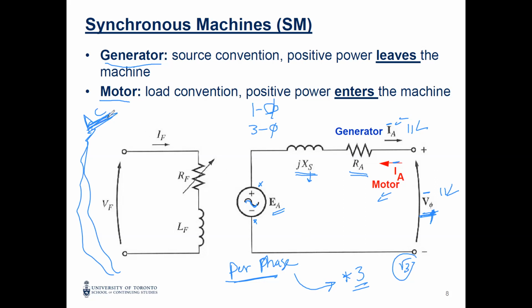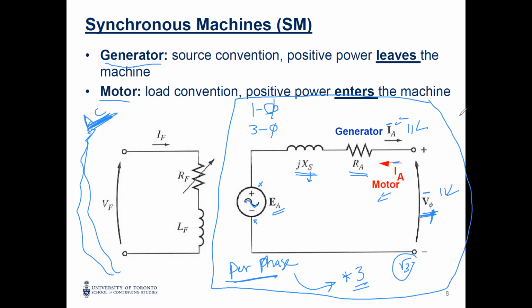I said this machine is AC, but to be clear, this part of the machine, the armature, is AC. However, the excitation part, the field part, uses a DC source here.